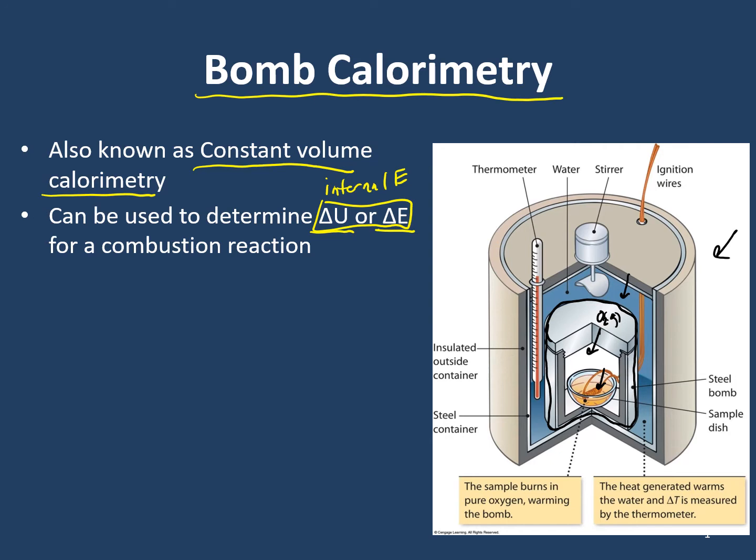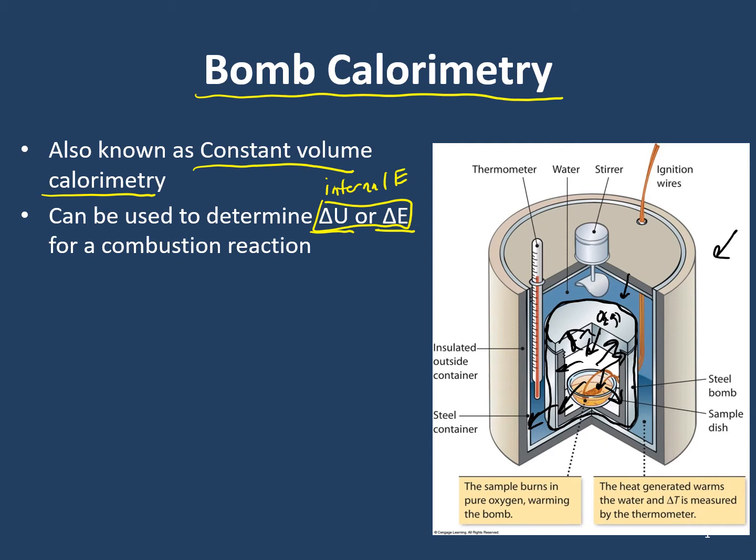And we make sure we know the initial temperature of the water and the bomb. And as the explosion heats up the bomb, right? So as the explosion happens, we have energy coming out of the system and into the bomb calorimeter. Now this bomb then heats up the water around it, which we can measure.